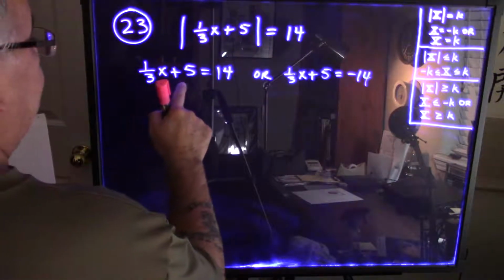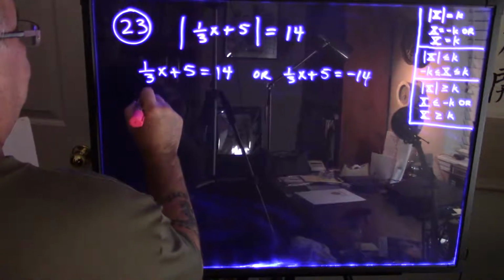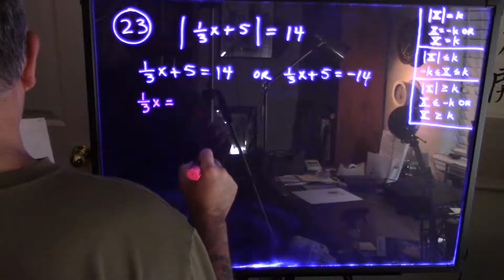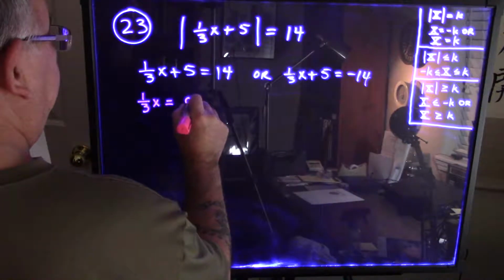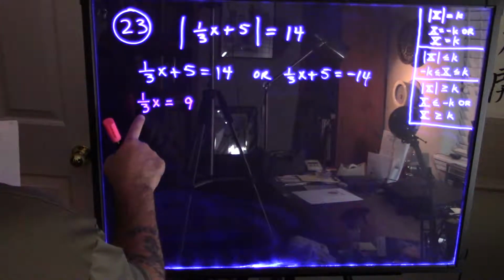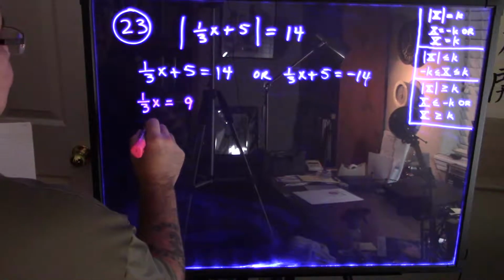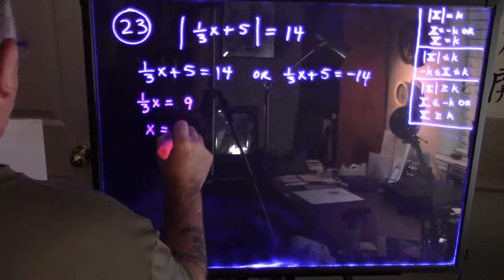Alright, so you can subtract 5 from both sides, so you got 1/3 x equals 14 minus 5, which is 9. Then you multiply both sides by 3, so 3 times a third is 1, so you get x equals 27.